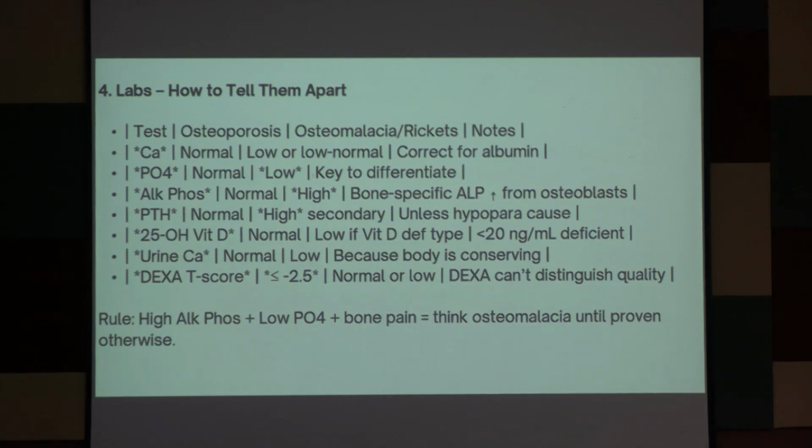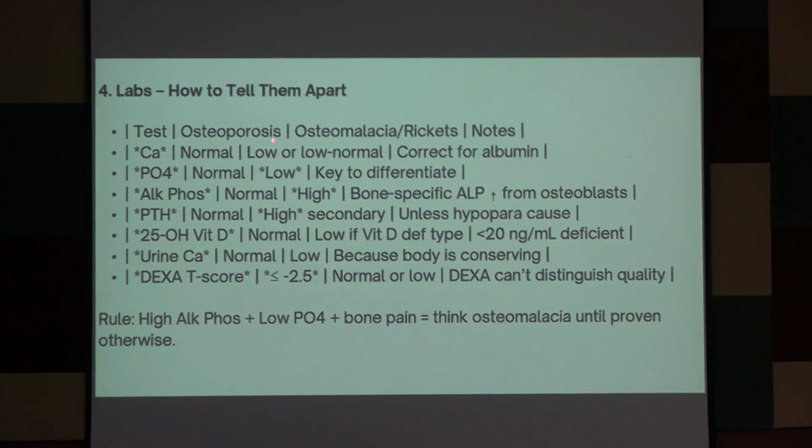How to tell them apart in the labs? Osteoporosis, osteomalacia, rickets. Calcium: normal in osteoporosis, osteomalacia low or low normal, rickets same. Correct for albumin.